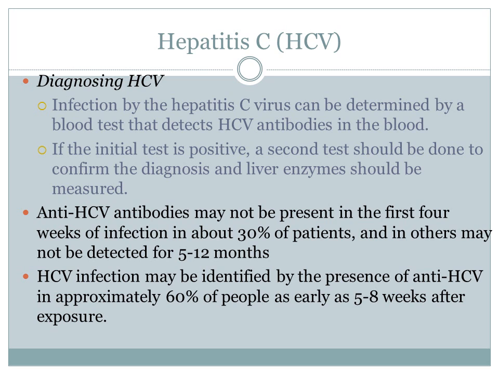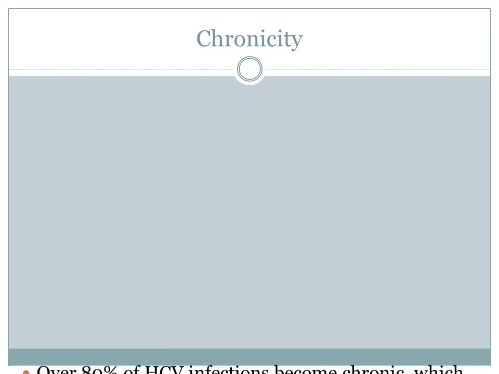The antibody to hepatitis C may not be present the first 4 weeks in about 30% of patients, and in other patients it might not be detected for 5 to 12 months. This antibody in approximately 60% of people may show as early as 5 to 8 weeks after exposure. So you see the variability in all these percentages.